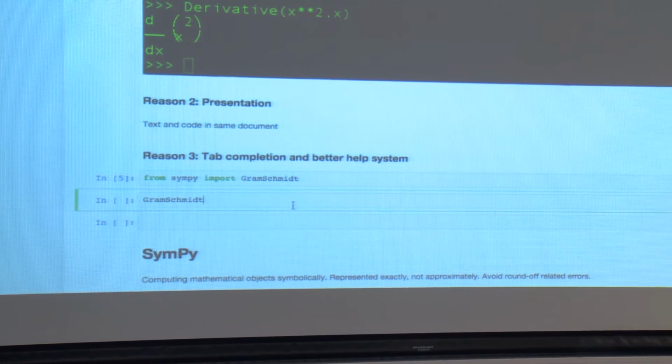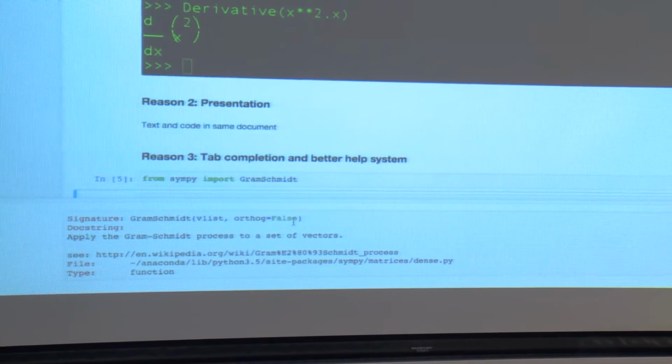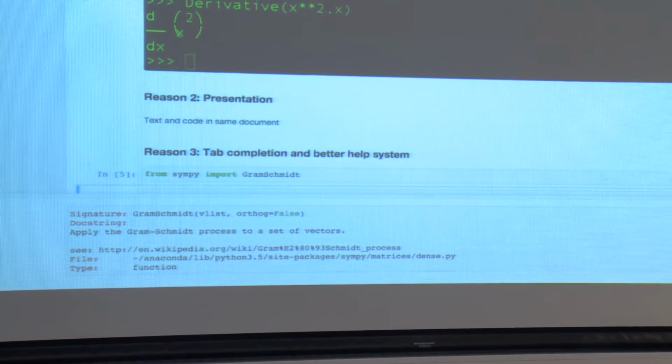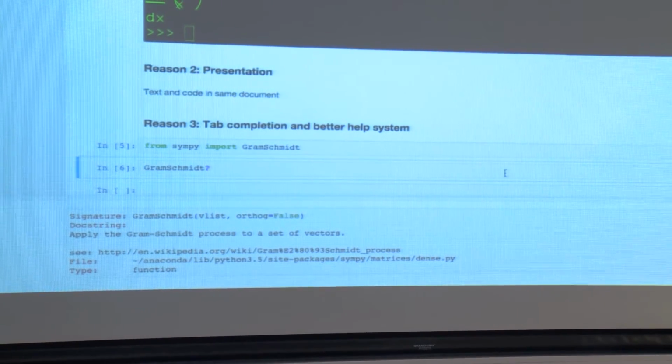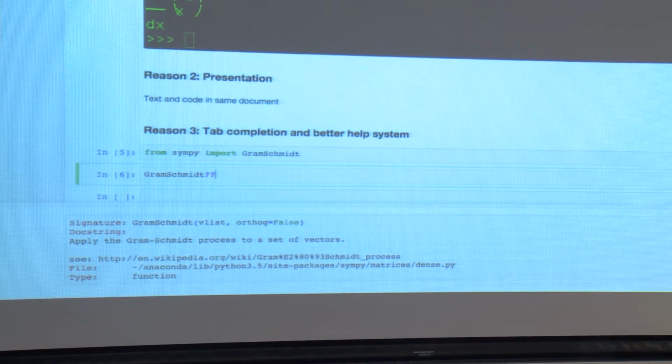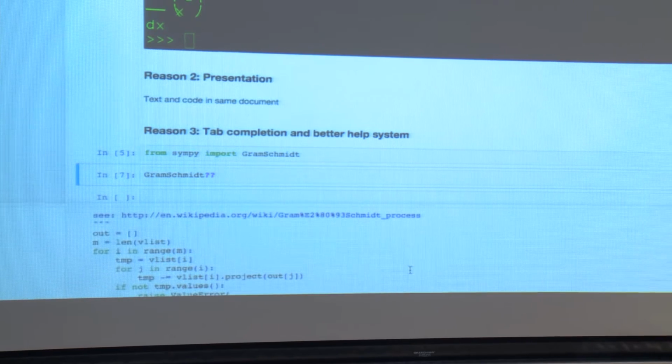And here I write Gram-Schmidt and a question mark, and it will give me some information. But I don't really understand exactly what this says, so I want more information, so I add another question mark, and it will give me more information.